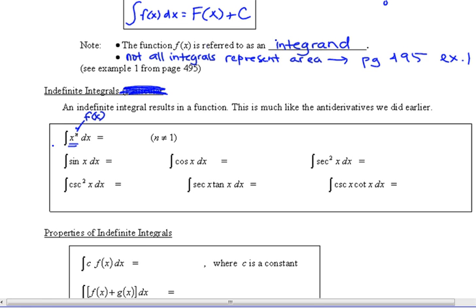When we actually find the antiderivative, we use the same rules. So what's the power rule? What's the antiderivative of x to the n? It's 1 over n plus 1 times x to the n plus 1. All right, these all apply.